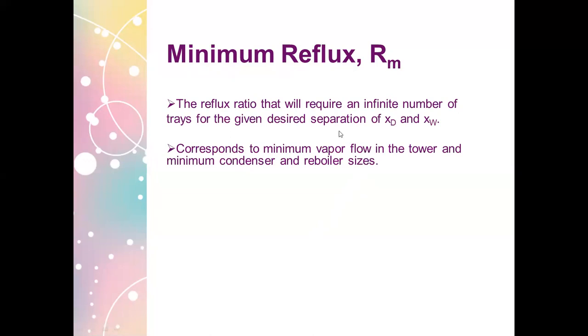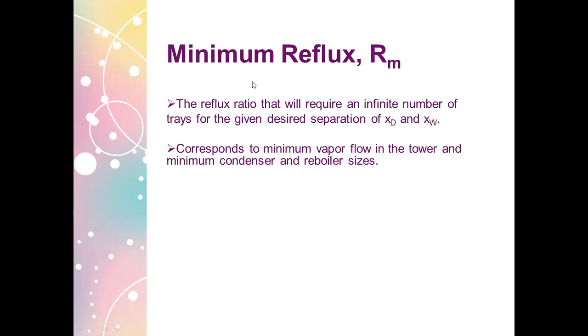So it is the reflux ratio that will require an infinite number of trays for the given desired separation of XD and XW. So why an infinite number of trays? It will be shown to you graphically. When we speak of infinite, meaning there are just so many trays that it cannot be quantified specifically.